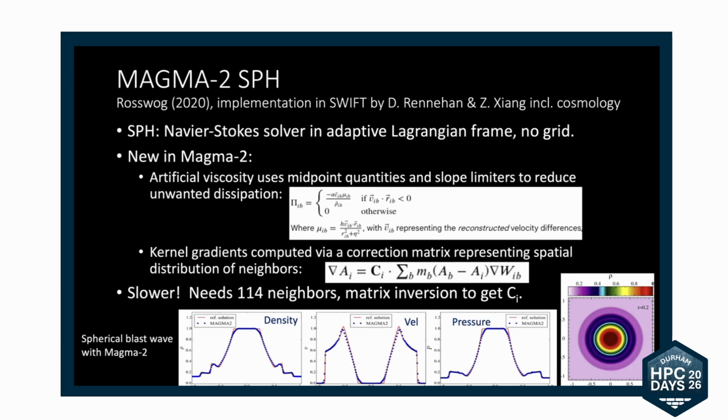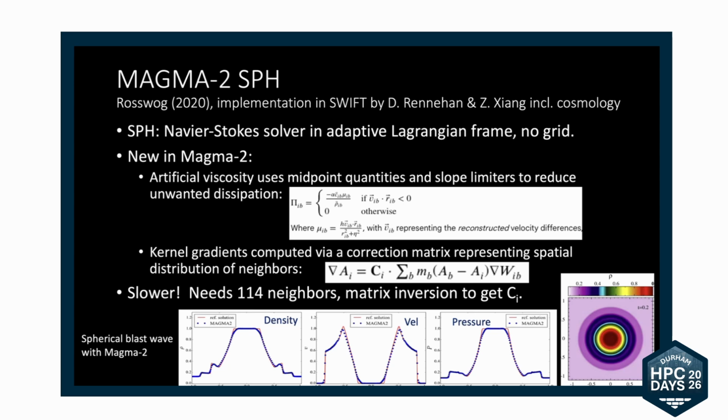Effectively, you have a correction matrix that takes your radially symmetric kernel and turns it into a tensor. Now it's a 3x3 tensor, which is determined based on the spatial distribution of its neighbors. So now you're building in information about the local neighborhood and the gradients in there. That's the big advantage. It has a lot of nice features.